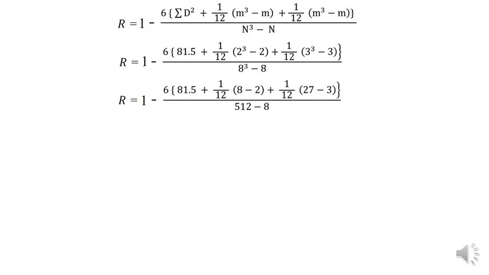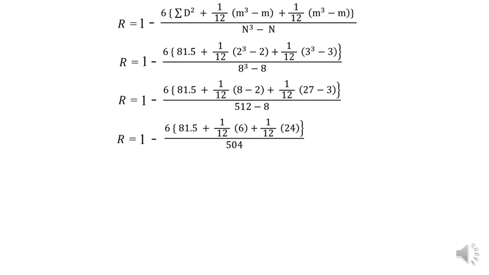Next, simplify that step also. R equals 1 minus, so the simplified expression is 6 into 81.5 plus 1 by 12 into 6 plus 1 by 12 into 24, whole divided by 504. 512 minus 8 is 504. Simplify this, where 1 by 12 into 6, if you put 1 by 12 into a calculator, it will give a different answer.